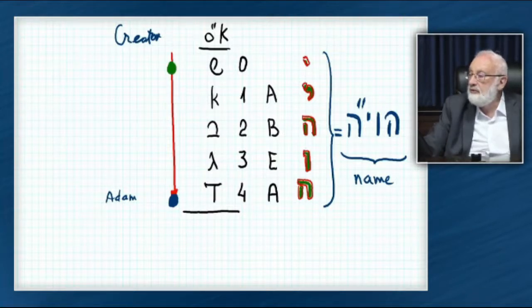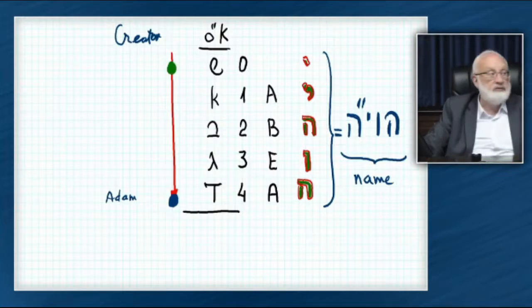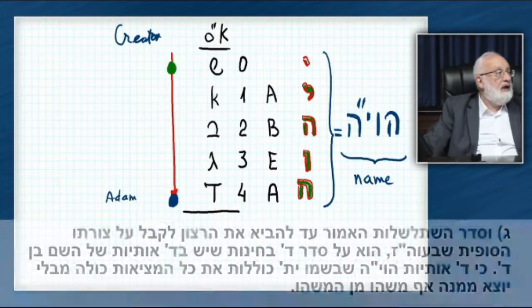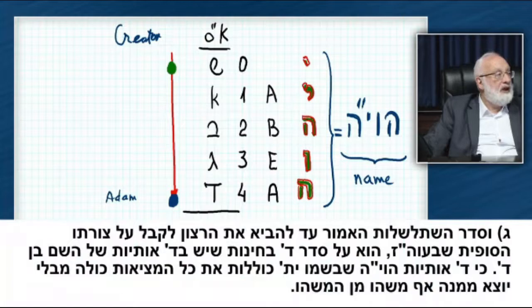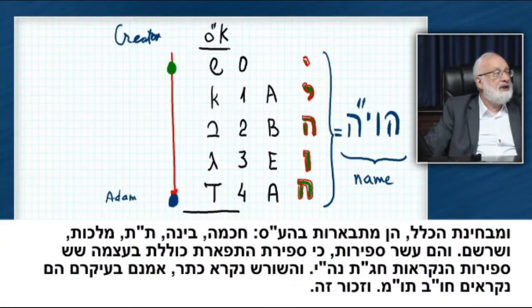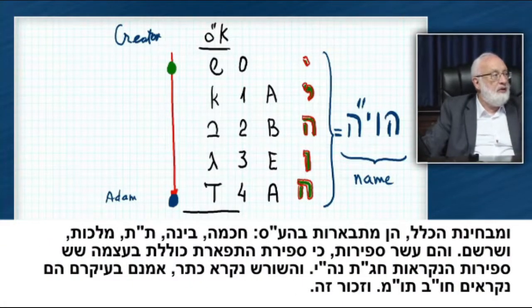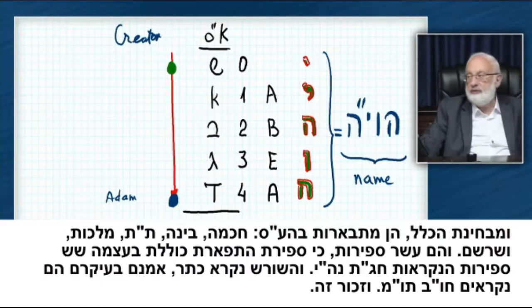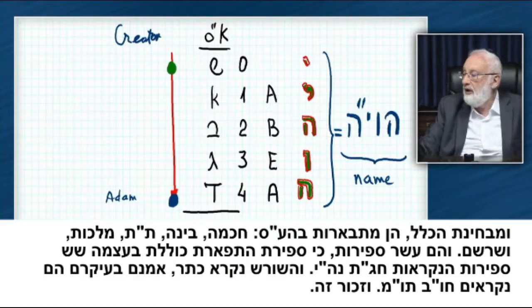And all that connects them is the worlds. In general, they are described in the 10 sfirot: Chokhmah, Bina, Tiferet, Malchut.